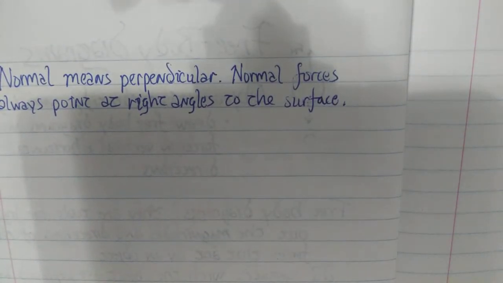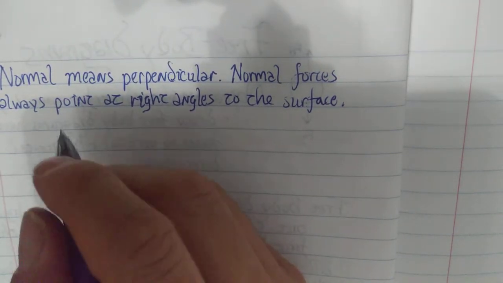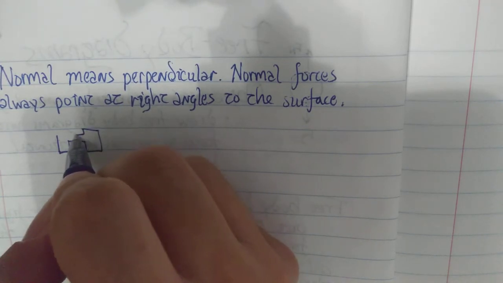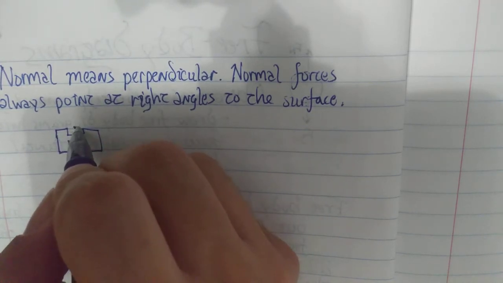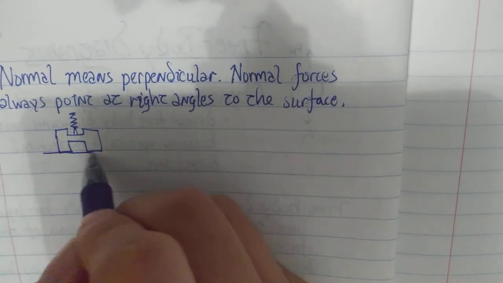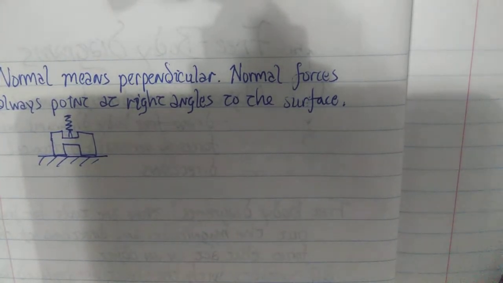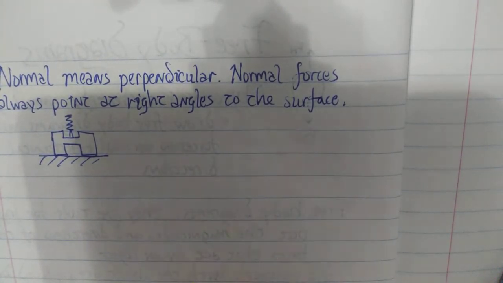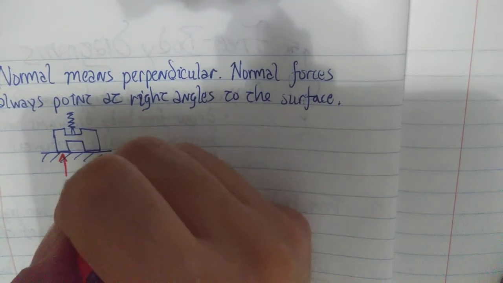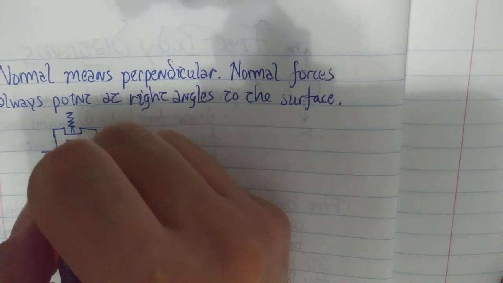So, and they have a diagram here. They have the weight again. And they have the ground. So here they're just saying that your arrow of Fn is 90 degrees from the surface, right?